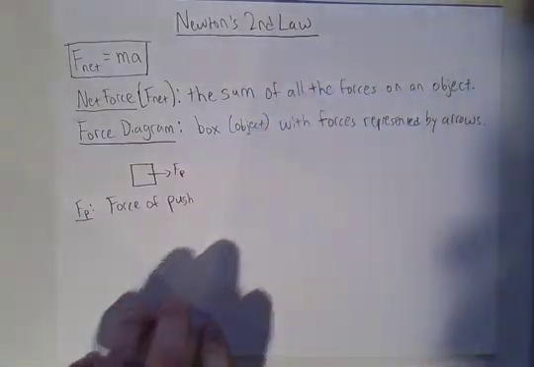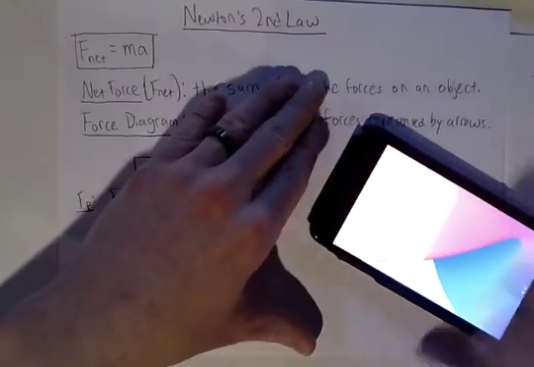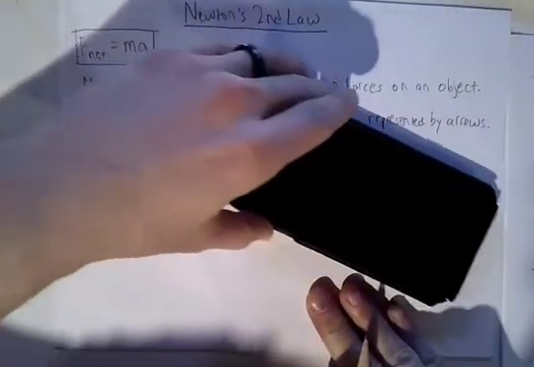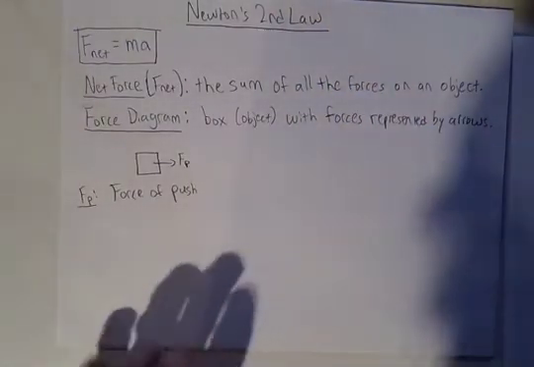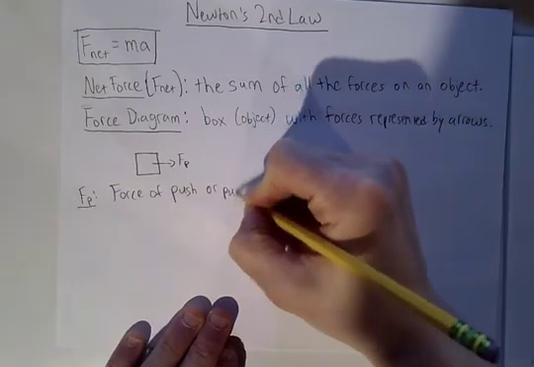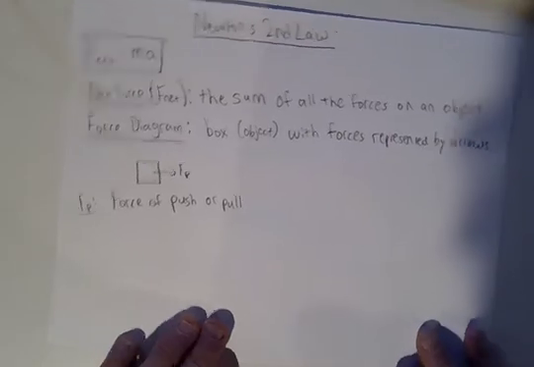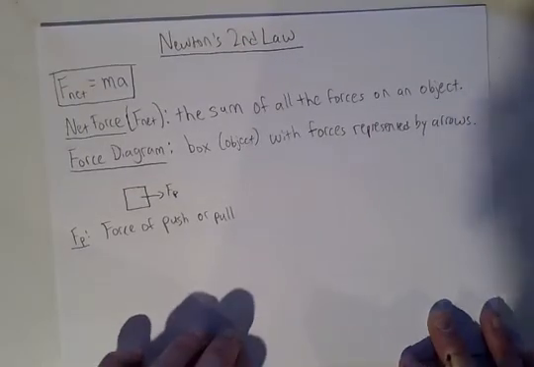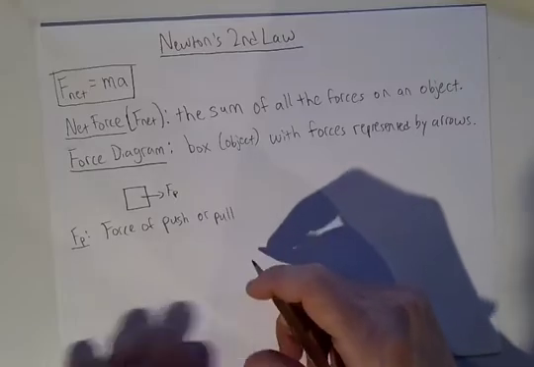But if I pulled the phone, it could also be called the force of pull. It's still a P, so that works. Force of push or pull. It's whatever somebody applies to the object with their hand. So that's FP. That's the force that's going to speed up the object.